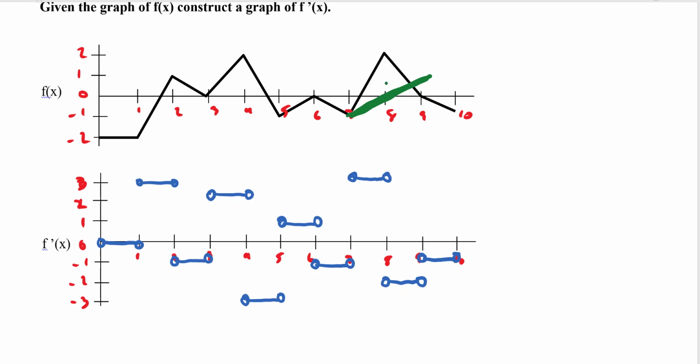You're not going to put an open dot here because there's no corner there. It's a solid line. So from 7 to 9, you'd say the slope is up 1 over 1. So you would do this from 7 to 9. Does that make sense? Because it's not changing. There's no hole here because it's a solid, straight line. There's no corner. So that's just a little tip there.